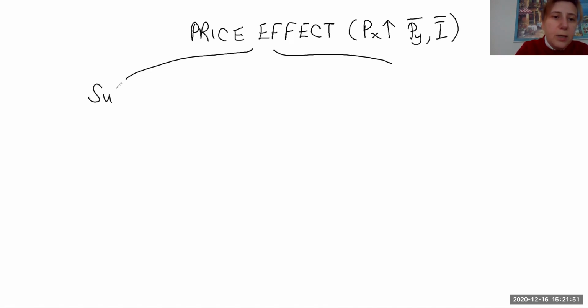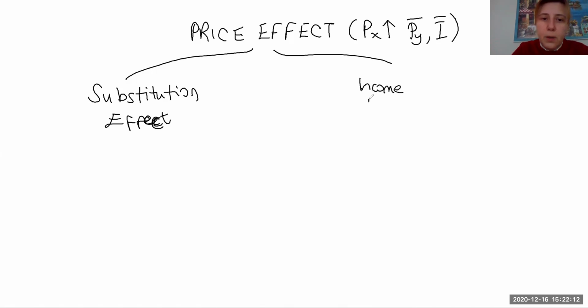Here, the first one is the substitution effect, which is about the relative price changes. And the second one is the income effect, which is about the real income changes.